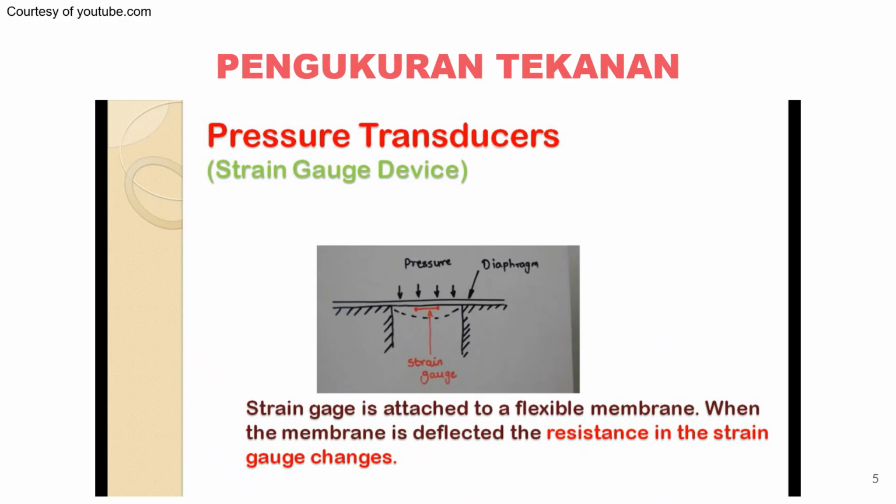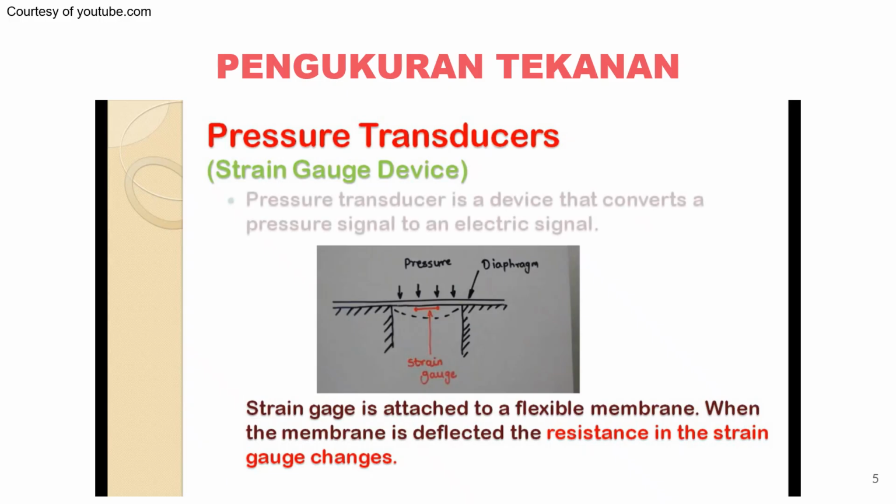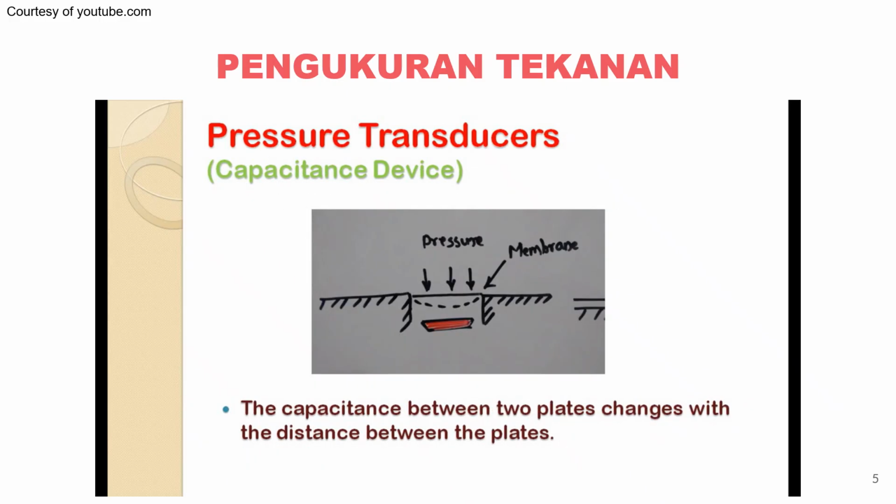Next one is the capacitance transducer. The capacitance transducer is nothing but a capacitor with variable capacitance. It comprises two parallel metal plates that are separated by a material like air, and when the distance changes, the capacitance also changes.